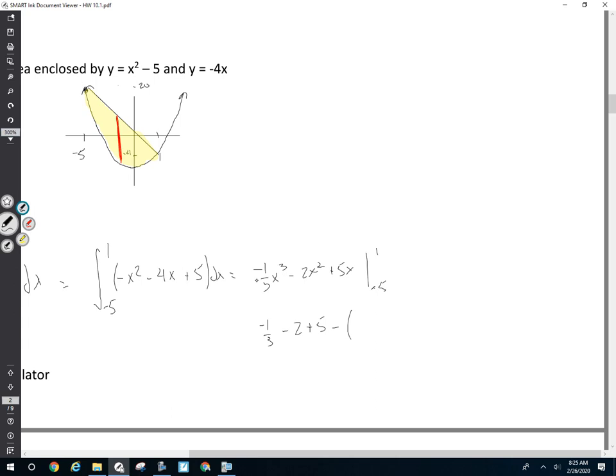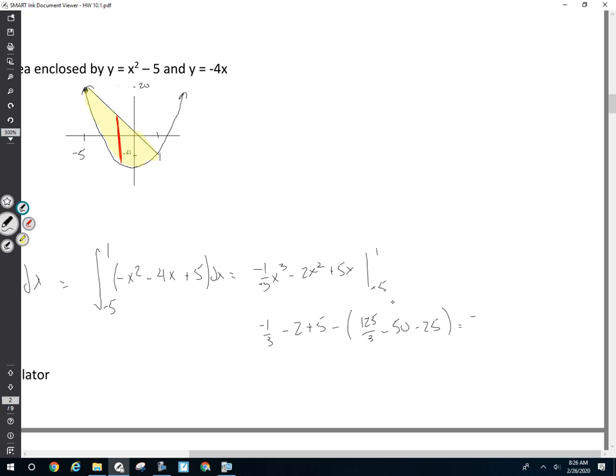5 cubed is 125. So I have positive 125 thirds, because of the -1/3 and the -125. And I have 25 times 2, so that's going to be -50, and then -25. Okay, so I'm going to do a little bit of legwork here.